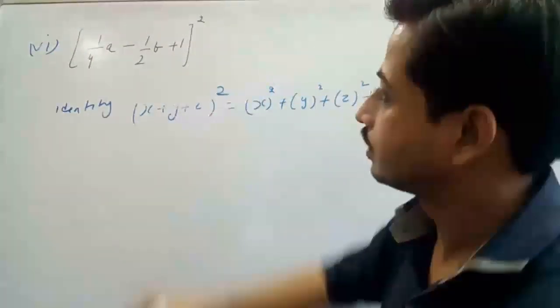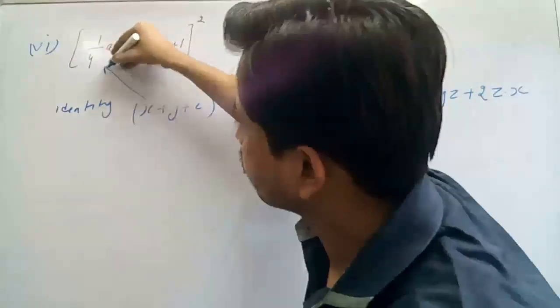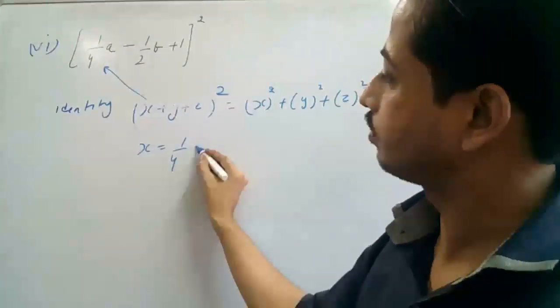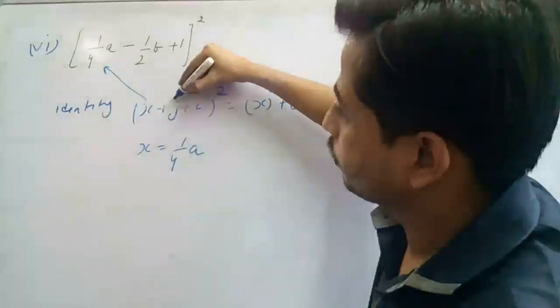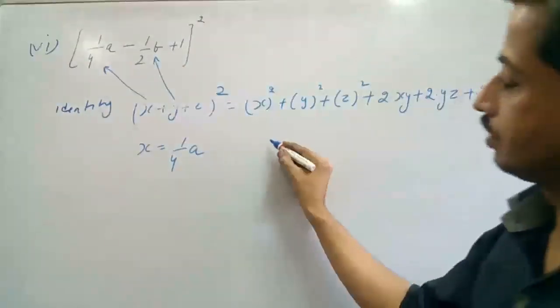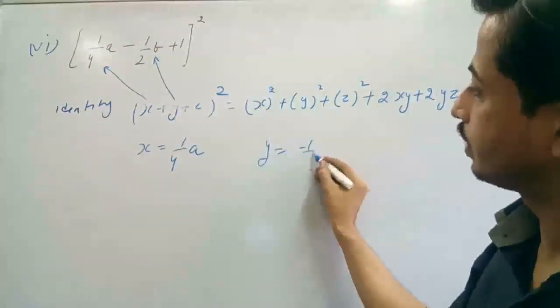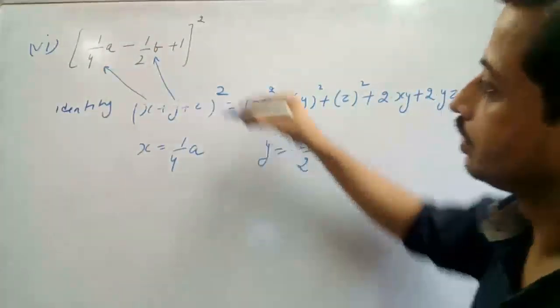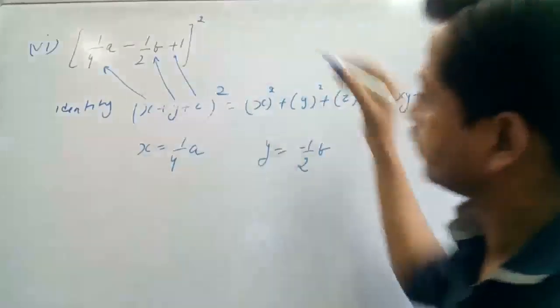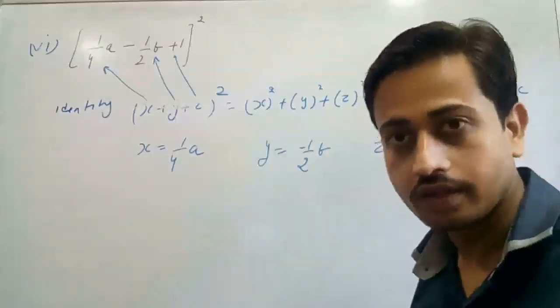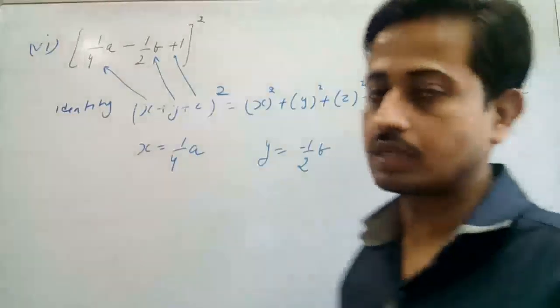Comparison with x. X is what? X is equal to 1 by 4a. Now do compare with y. Y is what? Minus 1 by 2b. Now compare z. Z is what? Z is 1. So apply this concept directly.